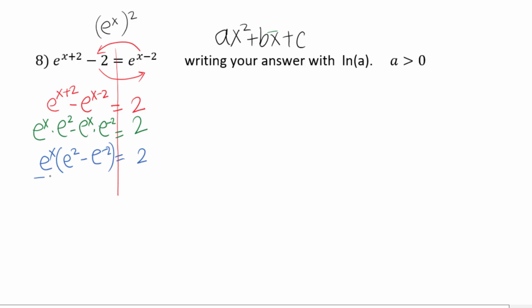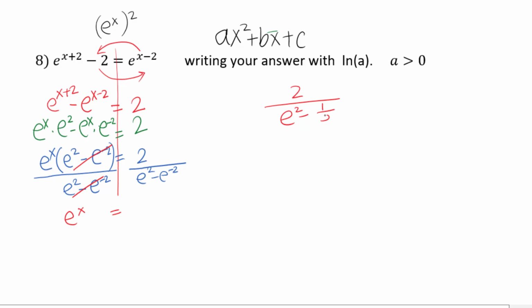Then we divide by e squared minus e to the negative second power on both sides, so that we can get e to the x power equals 2 over e squared minus e to the negative second power, which is 1 over e squared. This is a complex fraction we need to simplify.